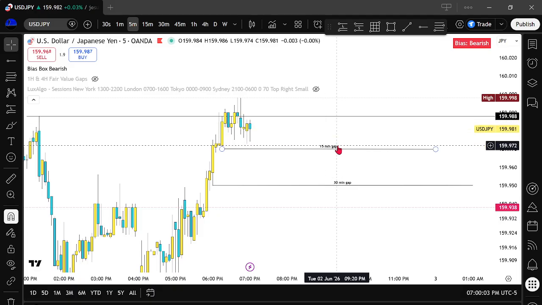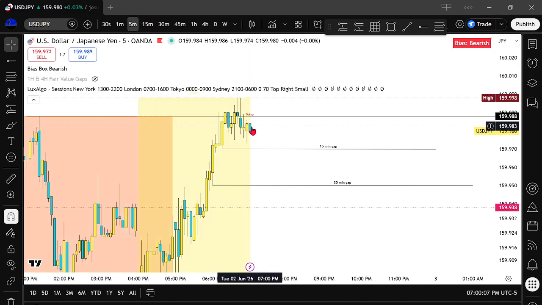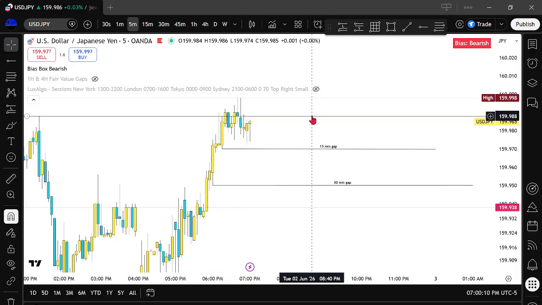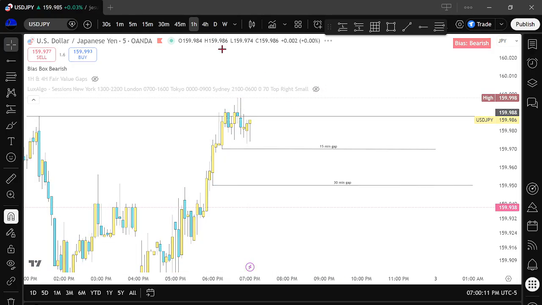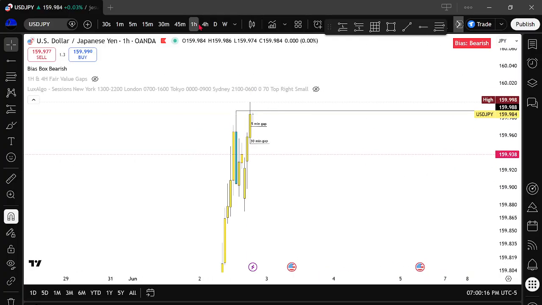Should be around right now. Yeah, Tokyo session just opened right now. Alright. So we're at hourly highs, like I said. We're looking to sweep these out right now and catch some shorts to the downside.